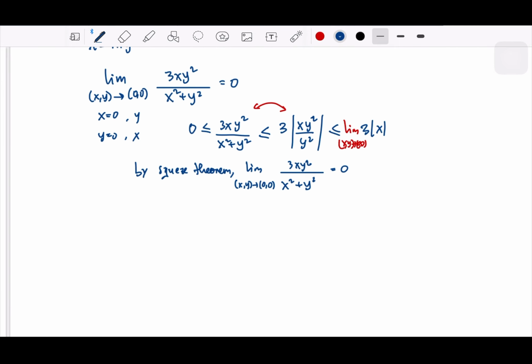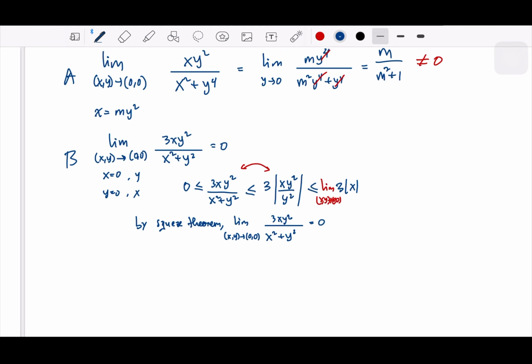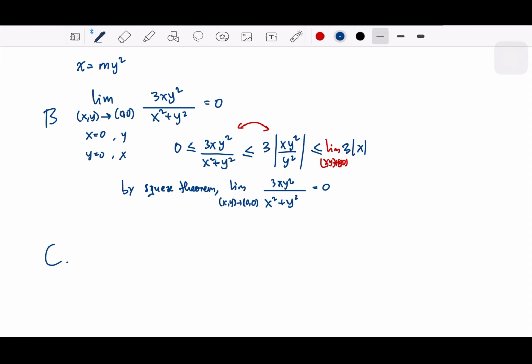Now the number C. We'll write C here. So the limit as x, y going to 0, 0 of x squared plus y squared times ln of x squared plus y squared. Okay, now what can we do?